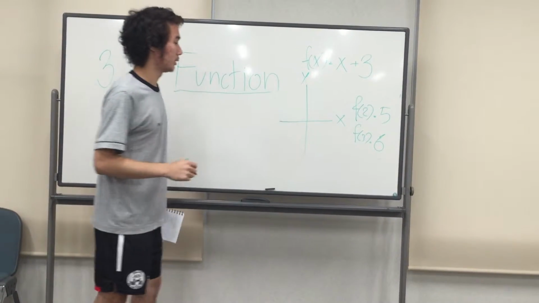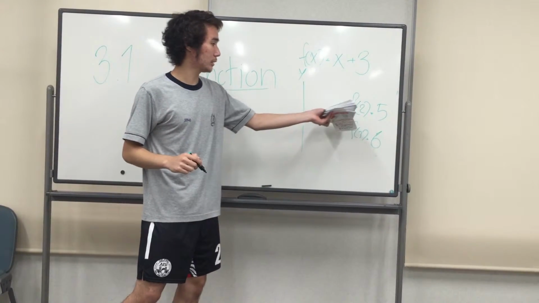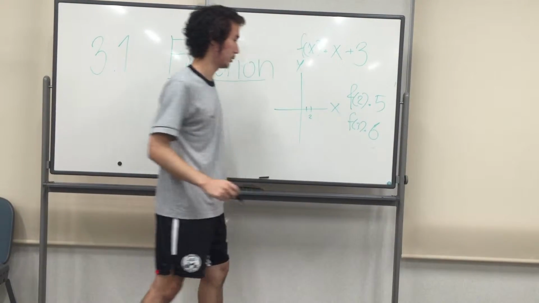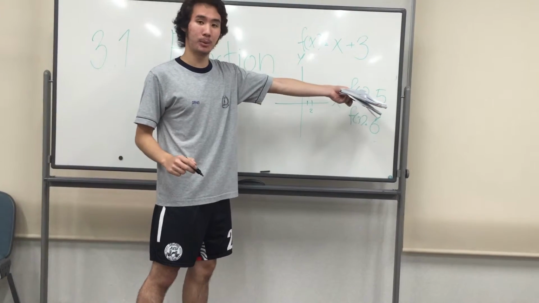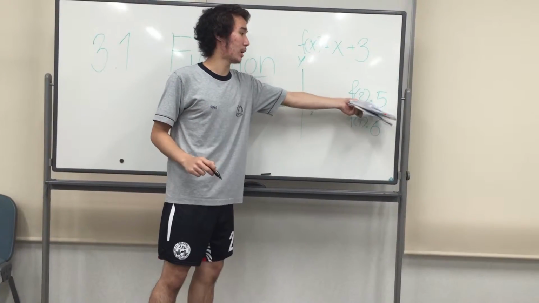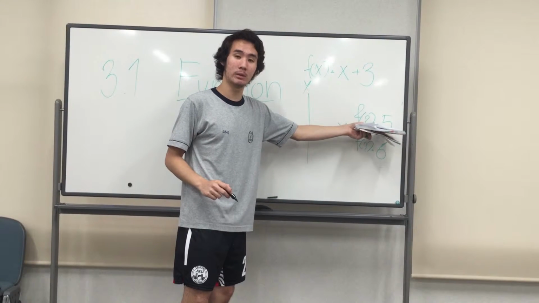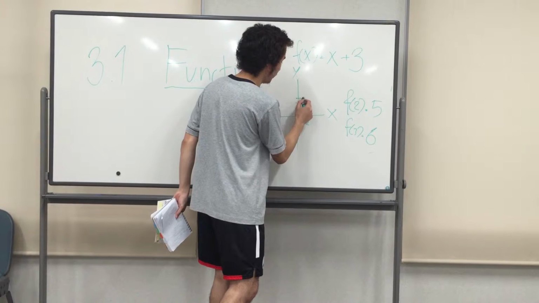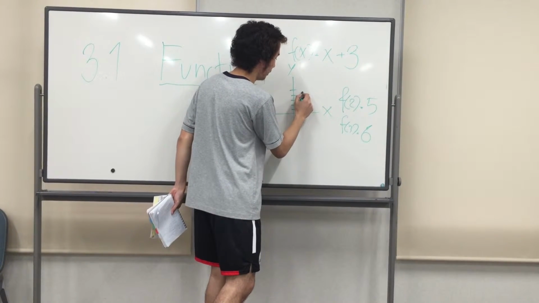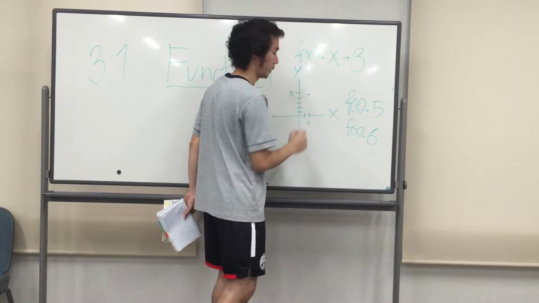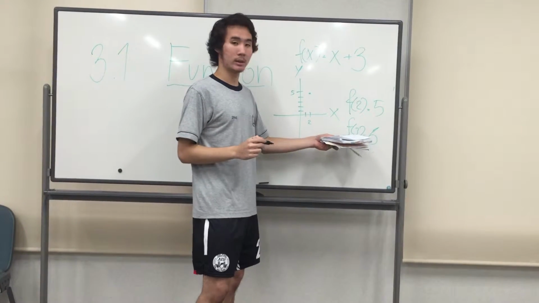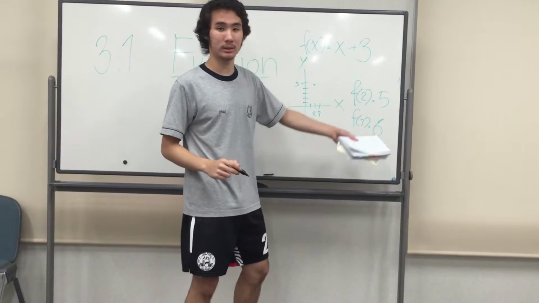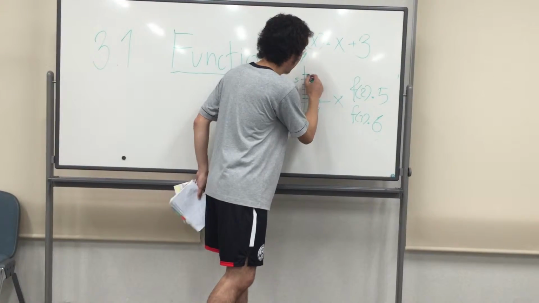If the input is 2, so this is 2 here, the output, the y value, is 5. Then 1, 2, 3, 4, 5 here. It's one point. Next, the x value is 3 and the y value is 6.